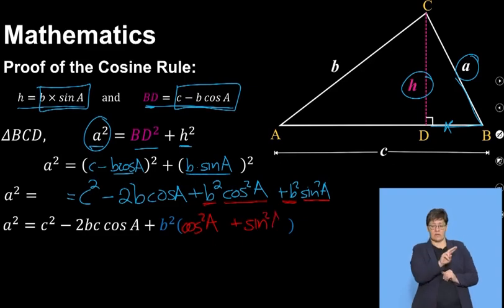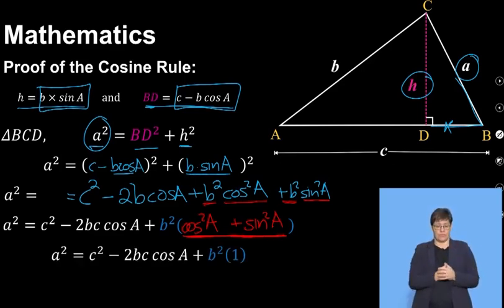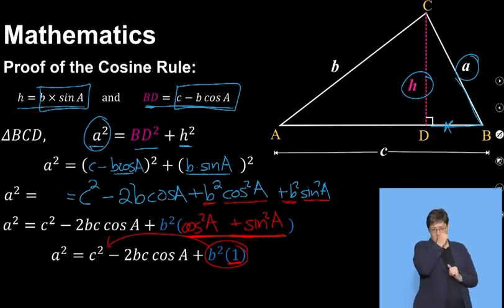Now, look at this middle piece in our bracket, and what do you notice about this? This reminds us of the identity that says cos squared plus sine squared equals 1. We know this trigonometry identity from grade 10. So we substitute that for 1. And now we have something that looks almost exactly like what I want. So what did I want? A squared is equal to B squared plus C squared minus 2BC cos A. So what remains is just to rewrite this in the right order, putting that in front.